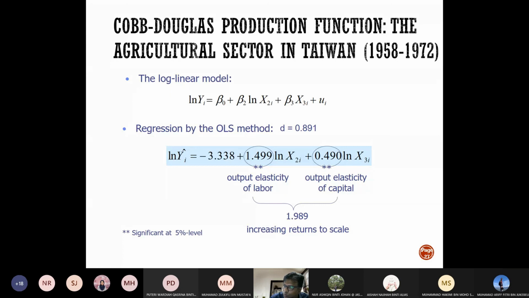When we add these two, we can see the total is 1.989. That means it is increasing, showing increasing returns to scale. So the total is more than 1, which is 1.9 something, and we can claim that the return will be increasing.